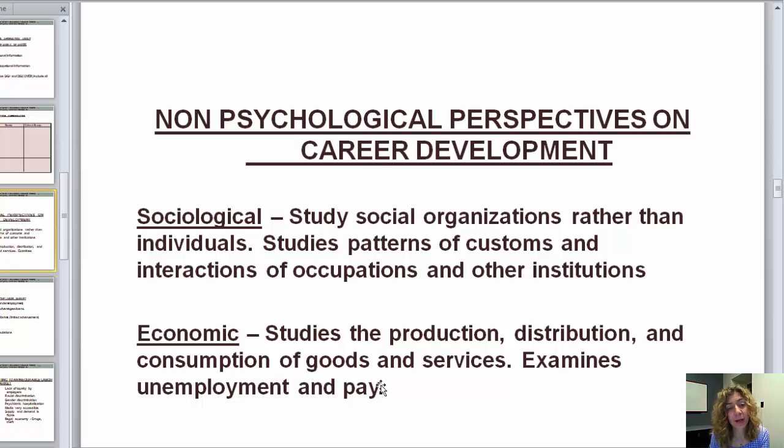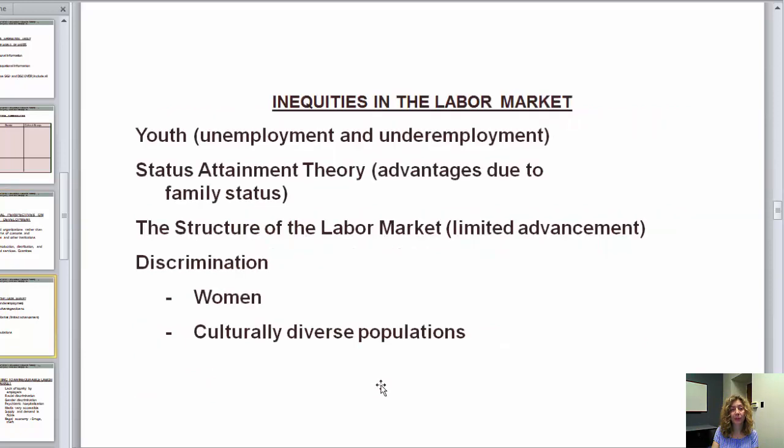So some perspectives on career development, sociological and economic perspectives. There is good information out there that studies organizations and studies the economy, the labor market, and we're going to look at some of those.